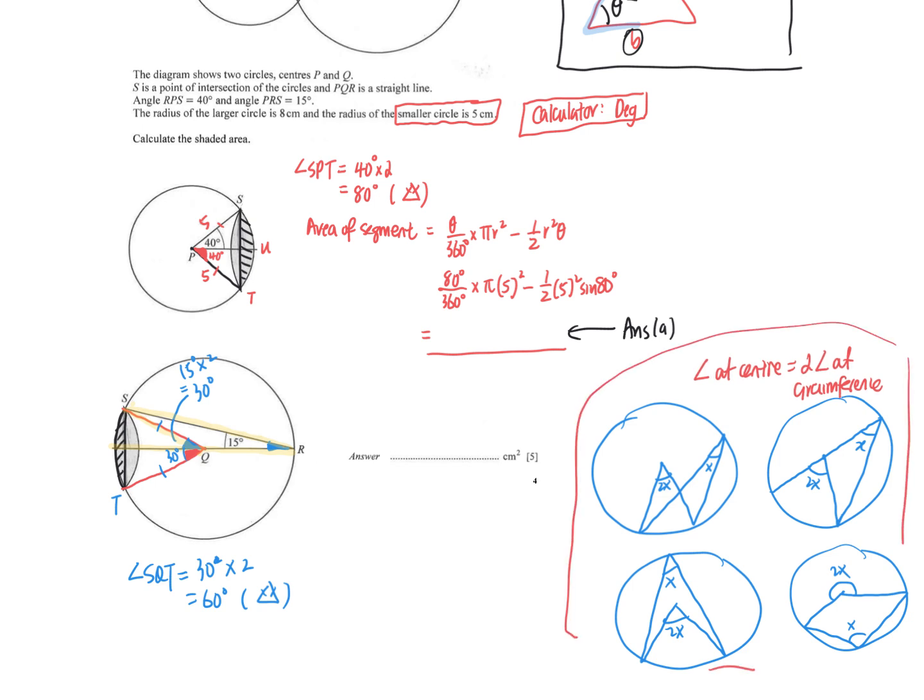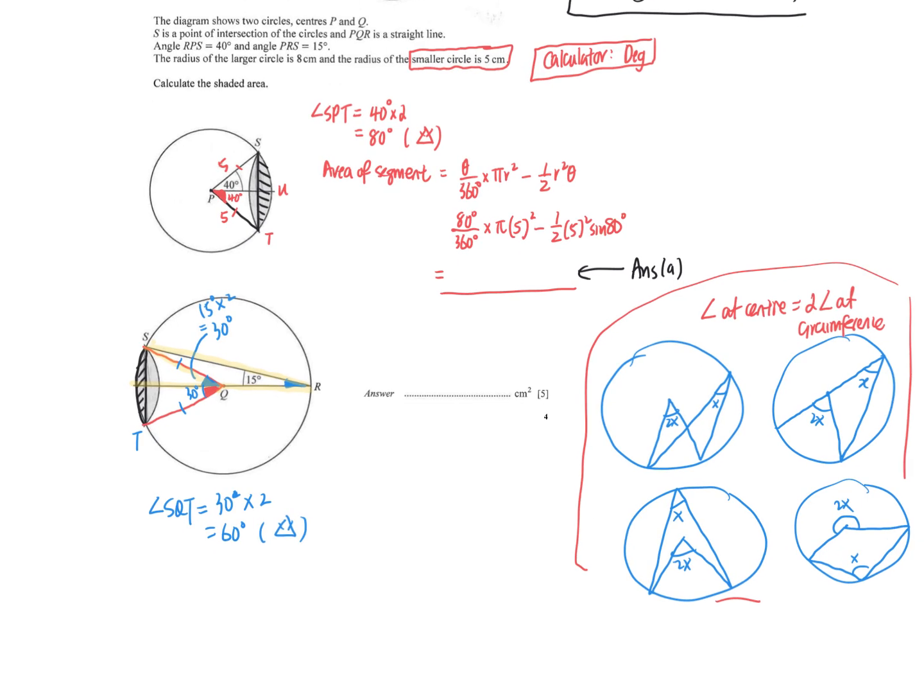So now using this, can you see? They repeat the question, but using 2 different circles. It's the same concept. To find the area of the shaded segment, I will repeat the formula. It is also theta over 360 times pi r square minus half r square sine theta.